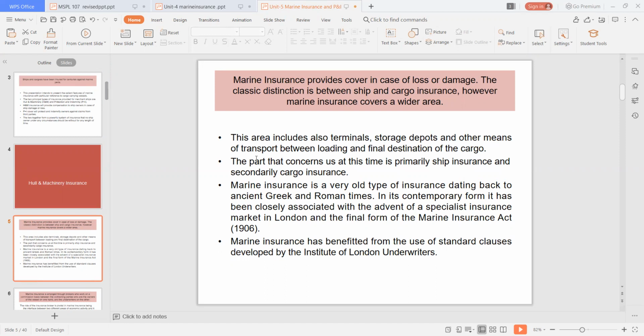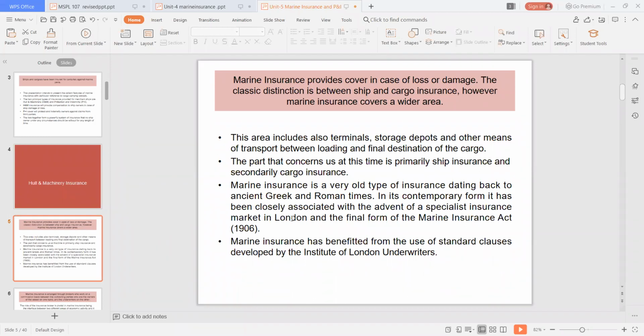Marine insurance provides cover in case of loss or damage. The classic distinction is between ship and cargo insurance. Marine insurance covers a wide area. This area includes terminals, storage depots, and other means of transport between loading and the final destination of the cargo. The part that concerns us at the moment is primarily ship insurance, and secondly, cargo insurance. Marine insurance is a very old type of insurance, dating back to ancient Greek and Roman times.